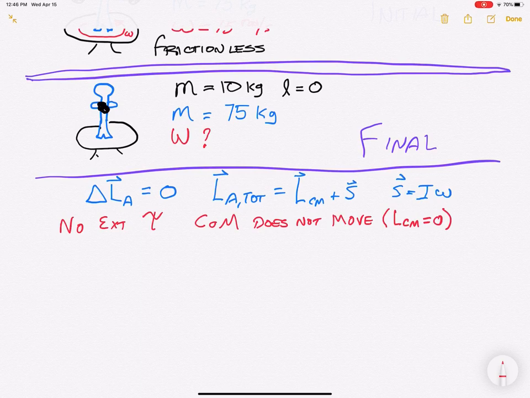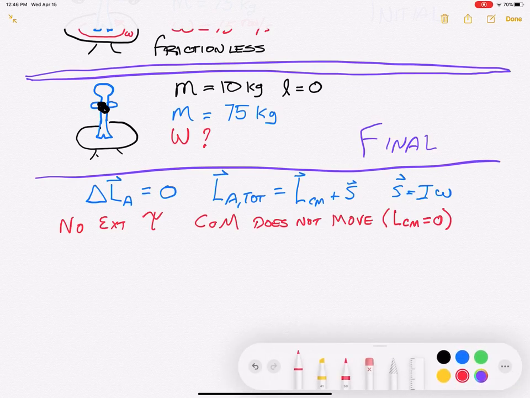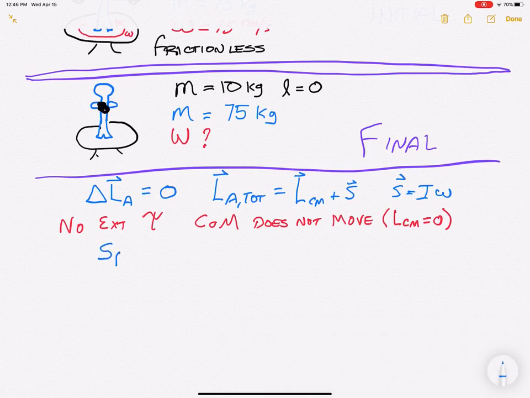All right. So let's take our system, put in these assumptions, and I'm going to get the spin final has to equal the spin initial. So that I get I final omega final, which is what I'm looking for, is equal to I initial omega initial.